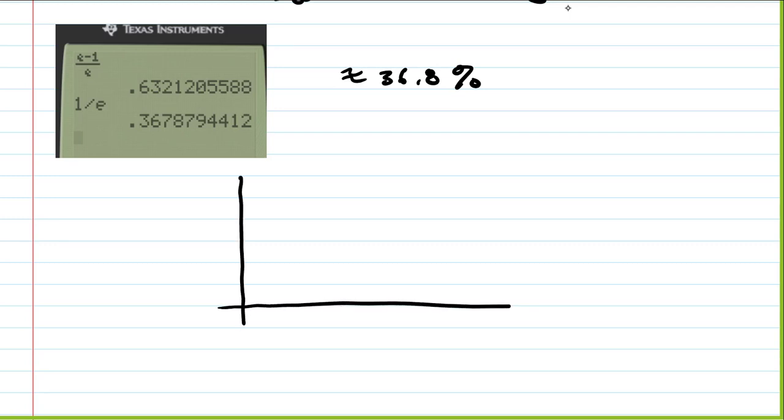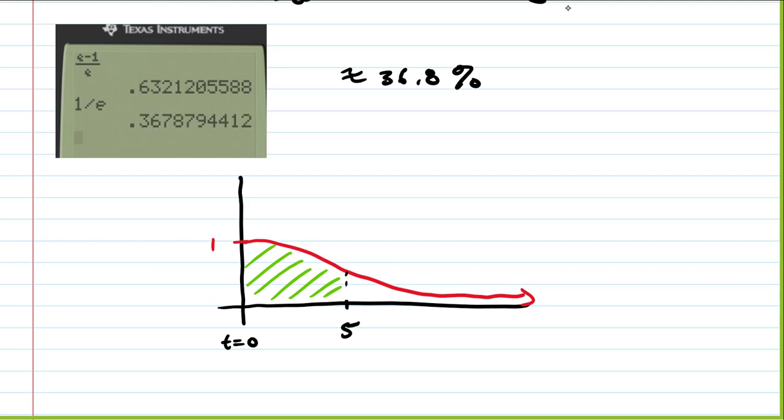It doesn't have to be super accurate, but we know we're integrating from t equals 0 all the way out to infinity, right? And we have some curve that looks like this, right? Well, when we integrated from 0 to 5, the integral from 0 to 5 of our probability density function, we got 0.632 or e minus 1 over e, right?